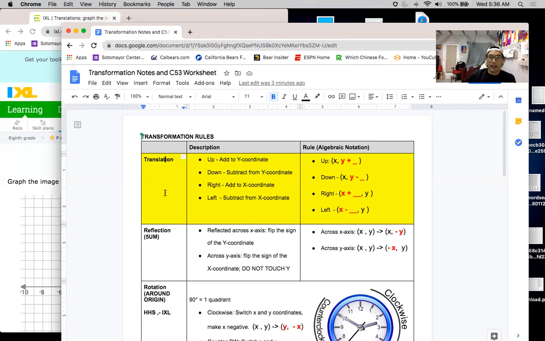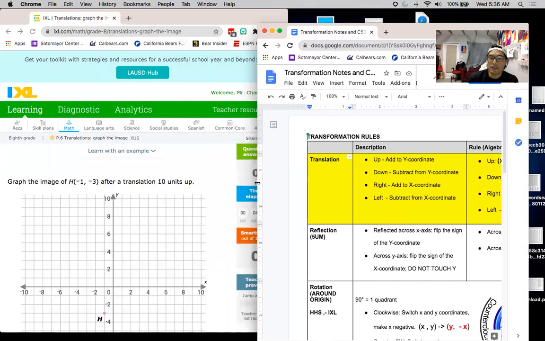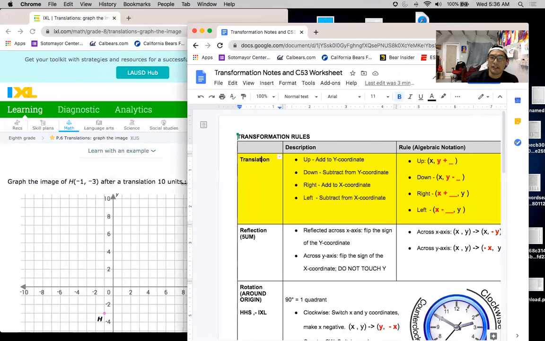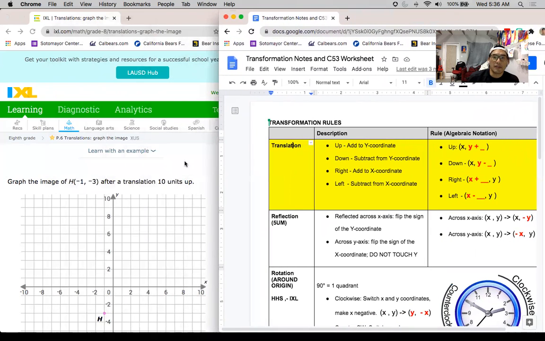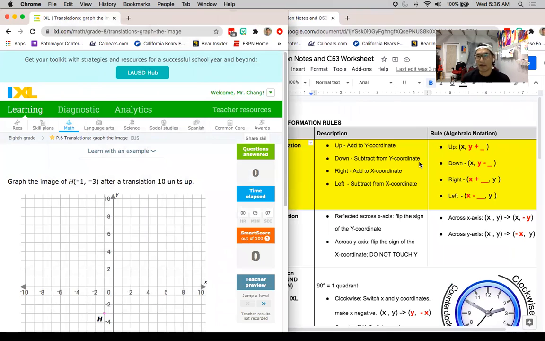And I have a pretty good sized computer screen, so I can keep both my notes and iXL open on the same screen. But what I'd actually recommend is that you write these notes down into your notebook so that you can just focus on having iXL up on your computer screen.